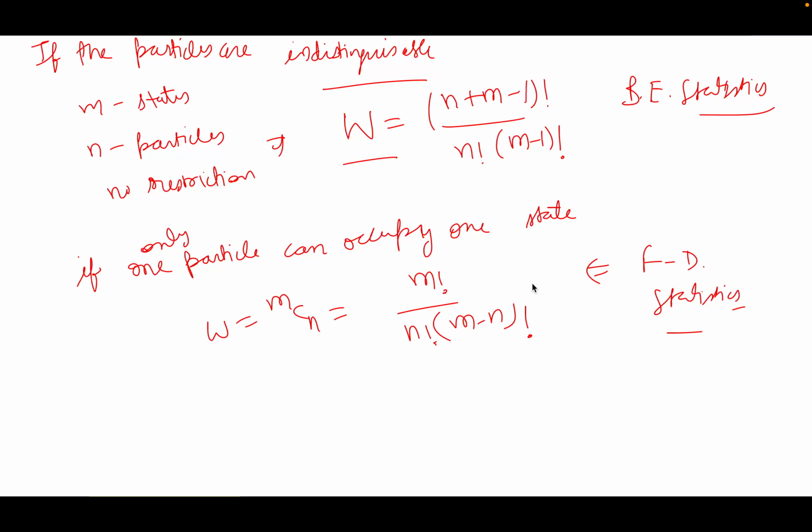So all the fermions follow this one and all the bosons follow this one, and we have discussed this many times. So I'll quickly move to the next thing now.